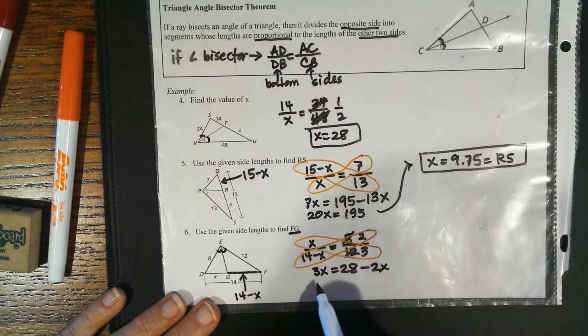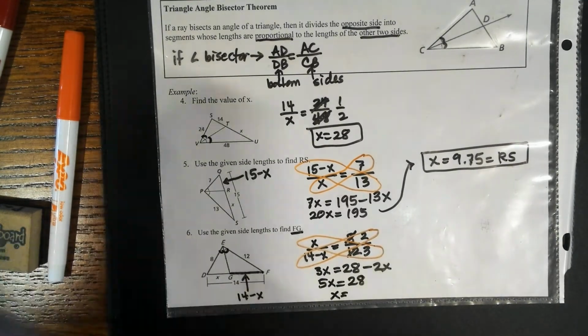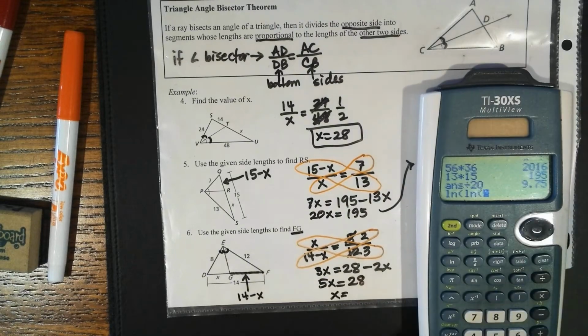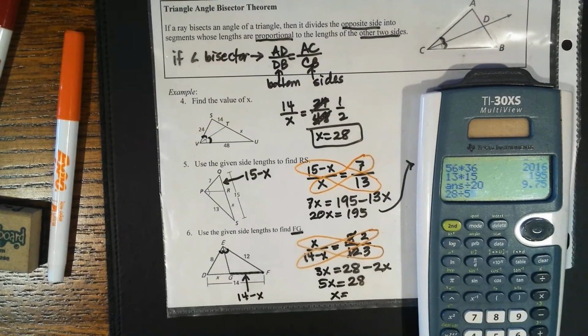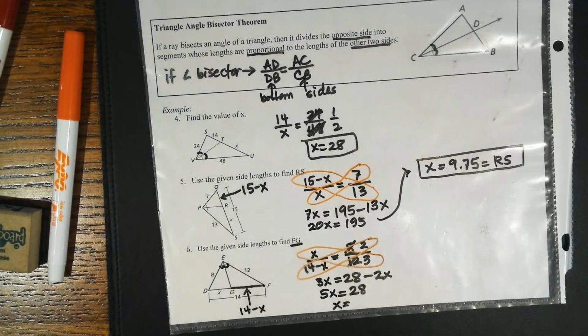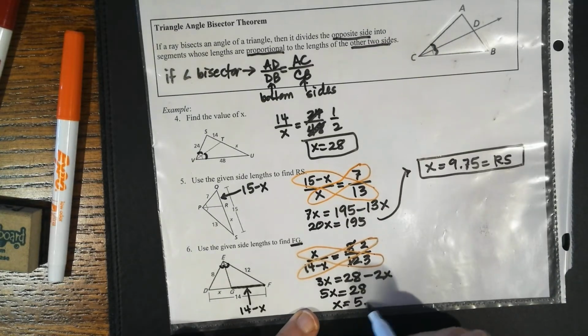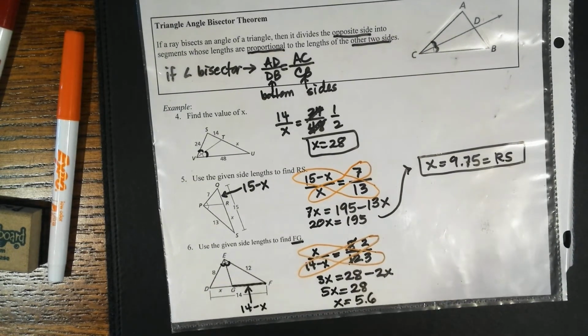I'm going to add 2x to both sides. And then when I divide 28 by 5, again, I'm going to grab this. Whoop. 28 divided by 5 is 5.6. And I wanted to find FG. Now, here's the thing. I found x.